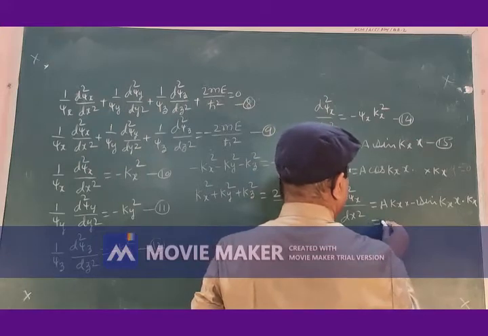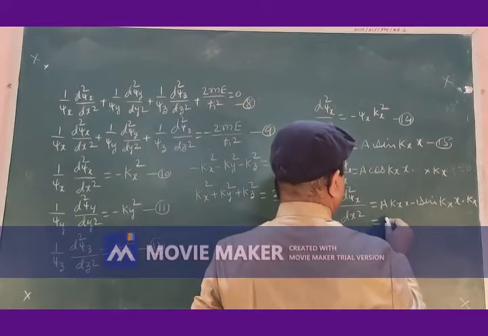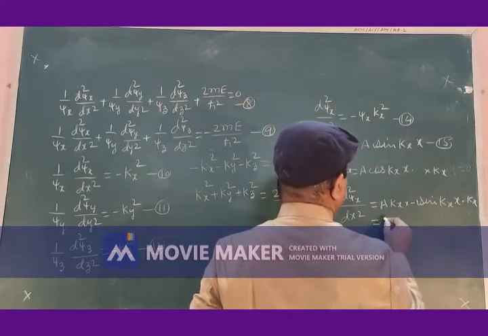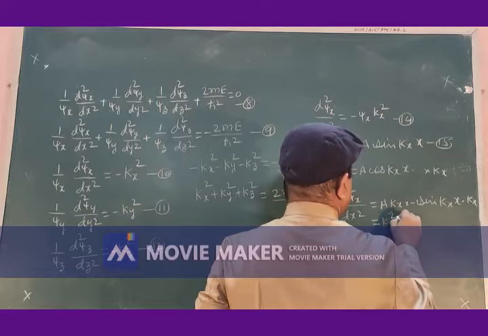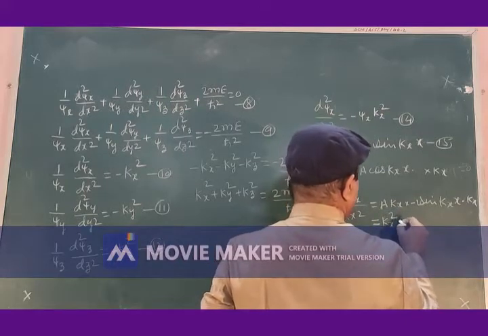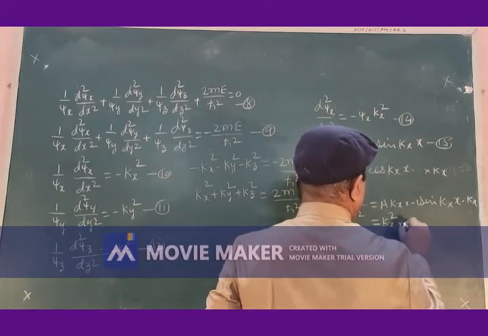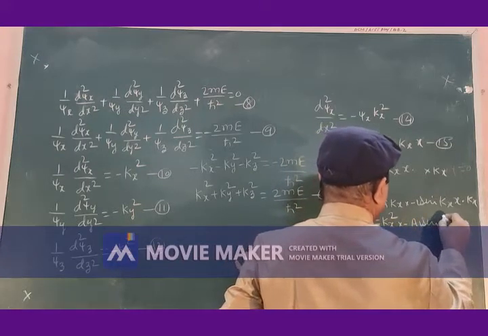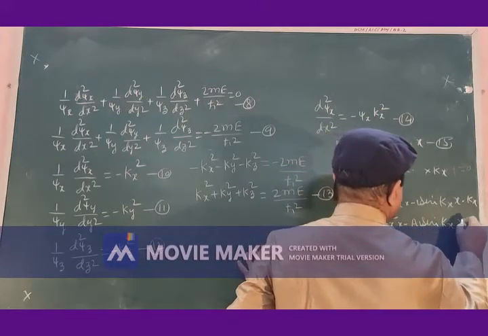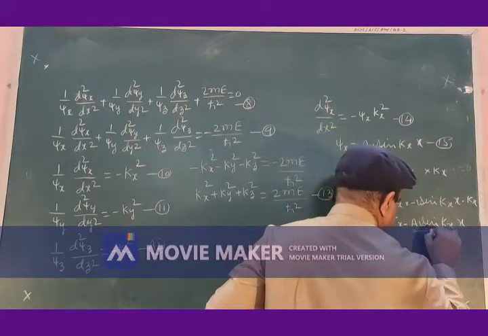This is equal to a kx square into minus a sin kx x. What is this?